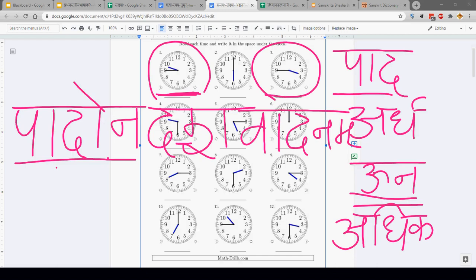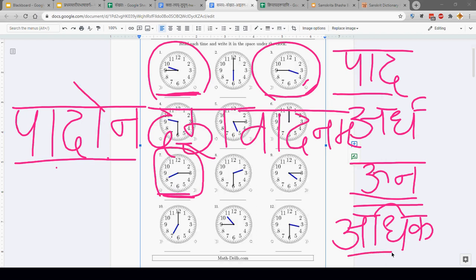Similarly, the third one here becomes what? Padona chatur. Padona chaturvadanam. Right? Now, here, this one. Quarter past 8 o'clock. Quarter past.